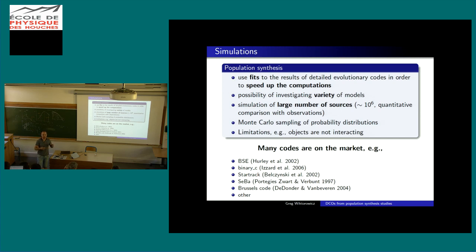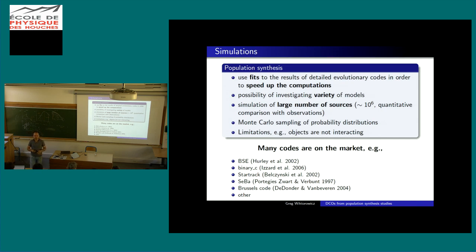You try to fine-tune the initial populations to get as many interesting systems, in our case double compact objects, as possible. Even though most of these systems either merge too quickly or are disrupted, you get some population of these objects that you really want to investigate, and then you check if this statistics is good.